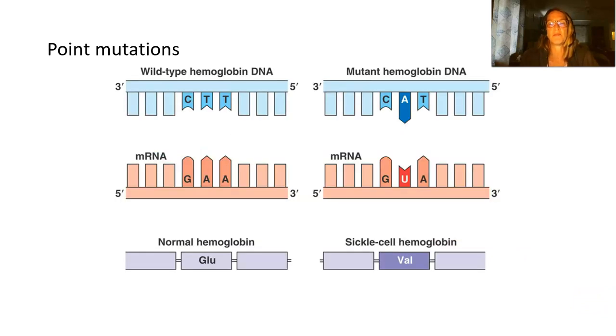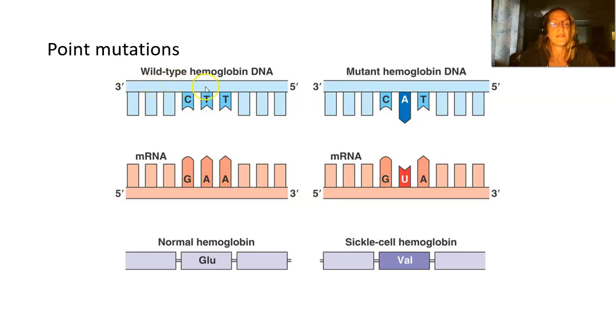So there are different types of mutations, and it doesn't really matter what these different types of mutations are, but why does a mutation matter? A mutation matters if we are just looking at the different base pairs in DNA, which you may or may not know anything about, and that's okay.